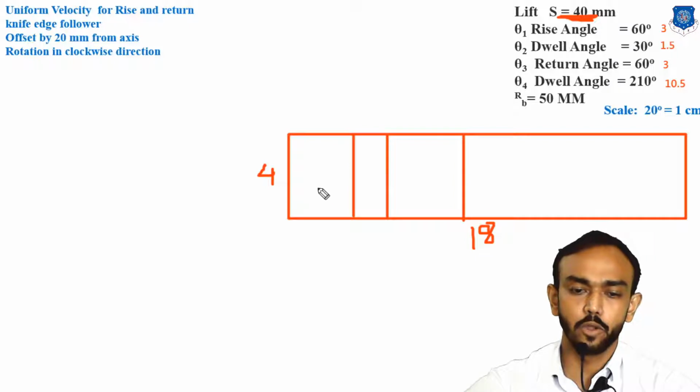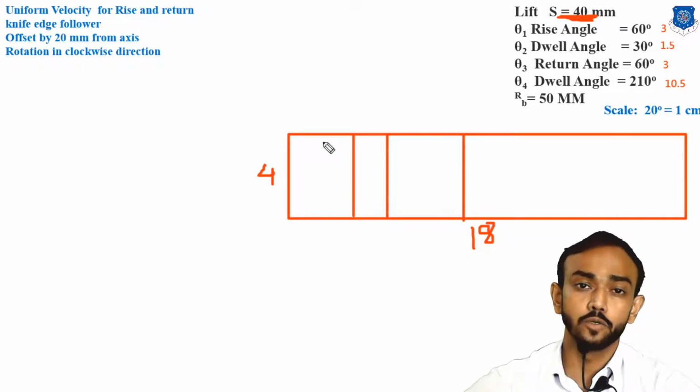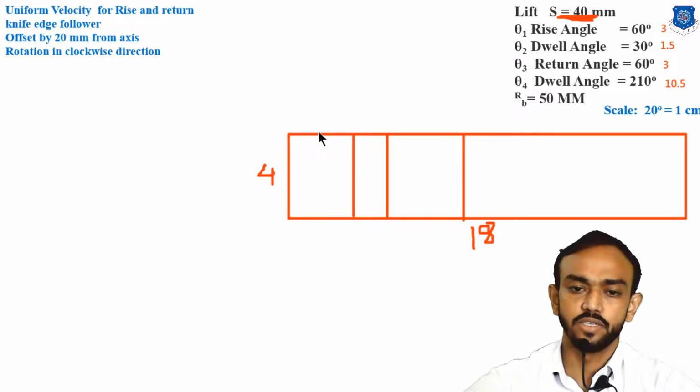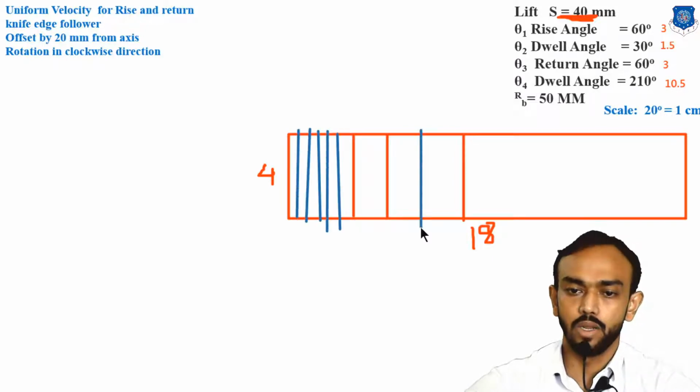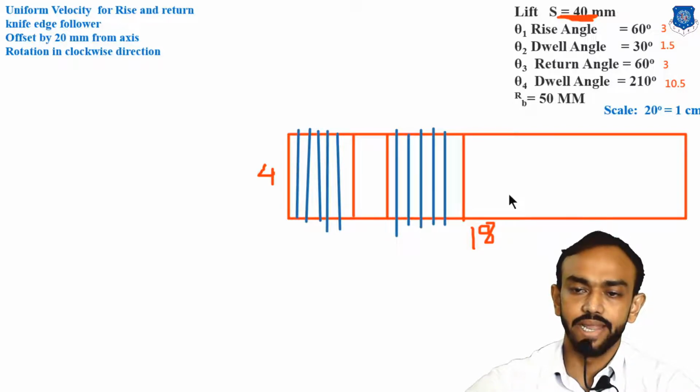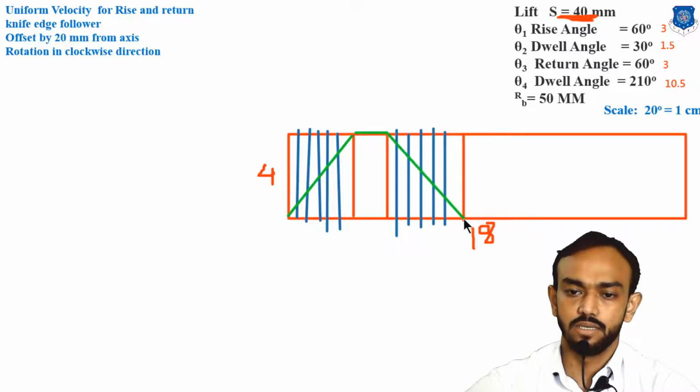After that, we divide this rise into 6 equal parts, and 6 equal parts for the return. In uniform velocity there is a very simple method. We just have to make the line from this point. This is the dwell, this is the return, and this is again the dwell.